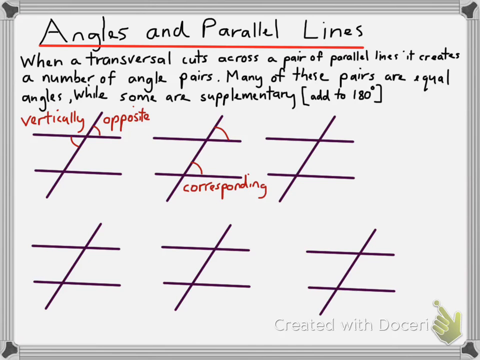The next type are called corresponding angles. This is just one example of a pair of corresponding angles. Corresponding angles have the same relative position.